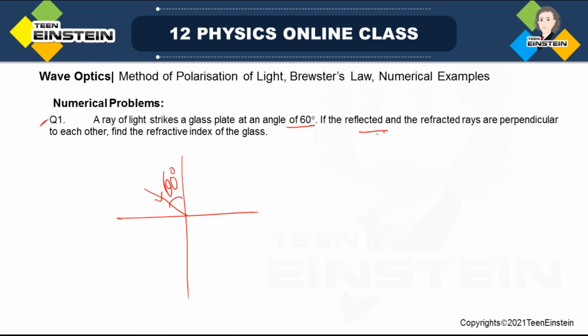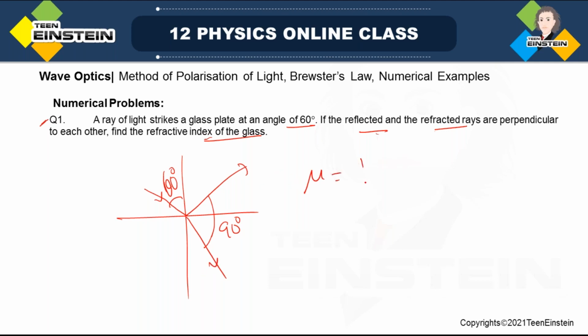If the reflected and refracted rays are perpendicular to each other, find the refractive index of the glass. This is nothing but Brewster's law, so we can find it from Brewster's law. This is the condition here, this is 90 degrees.